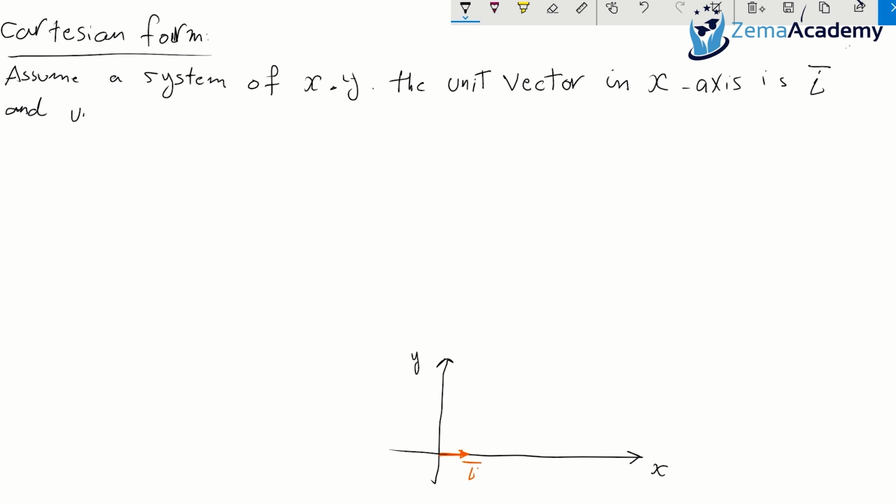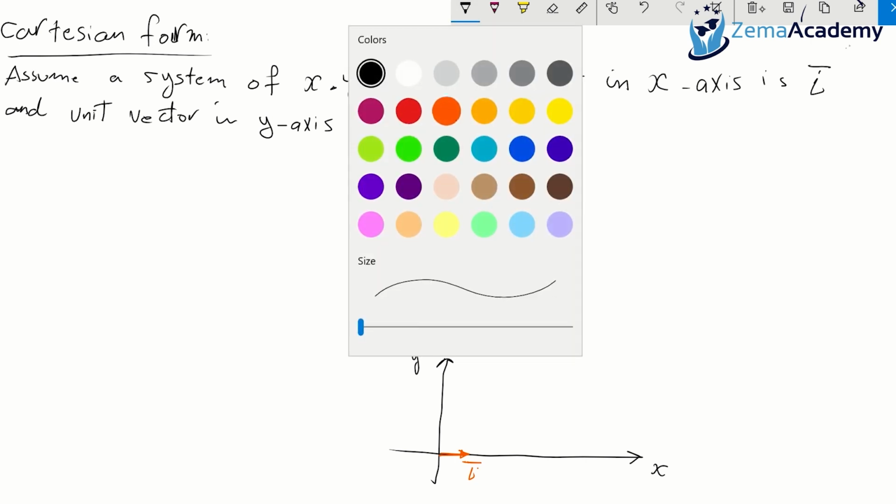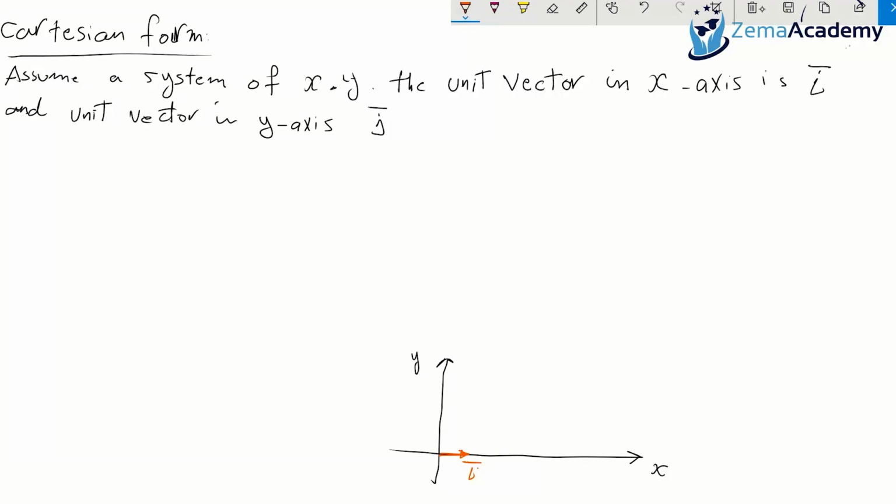The unit vector in the Y axis is called J. So you have axis Y, and you have a unit vector J in the Y axis.